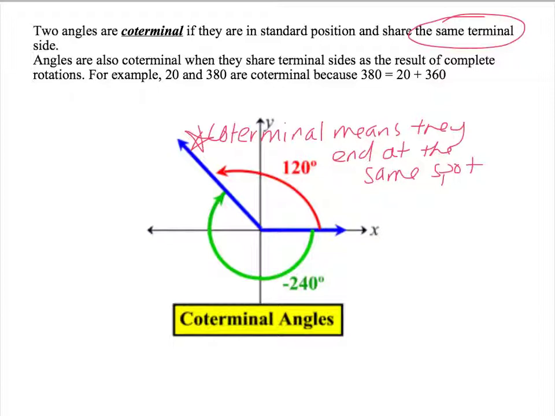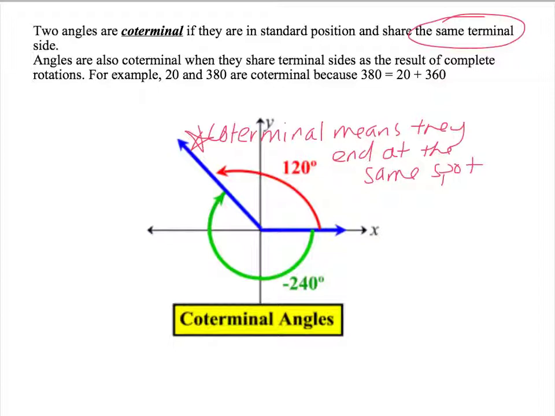Now here's what's tricky with coterminal angles. 120 degrees has negative 240 and they are coterminal. And a couple of you noticed if we took the negative off the 240, if we took the absolute value, 120 plus 240 equals what? 360.